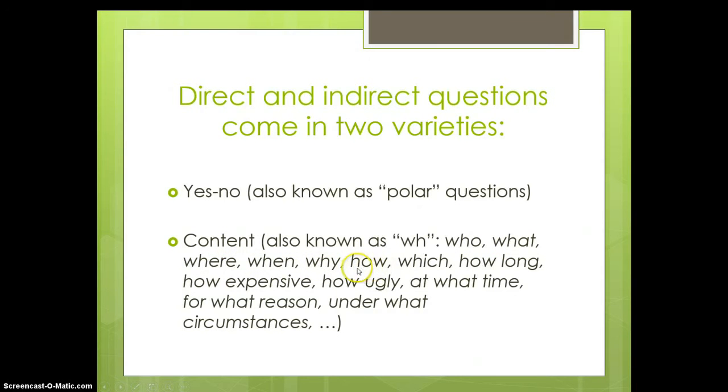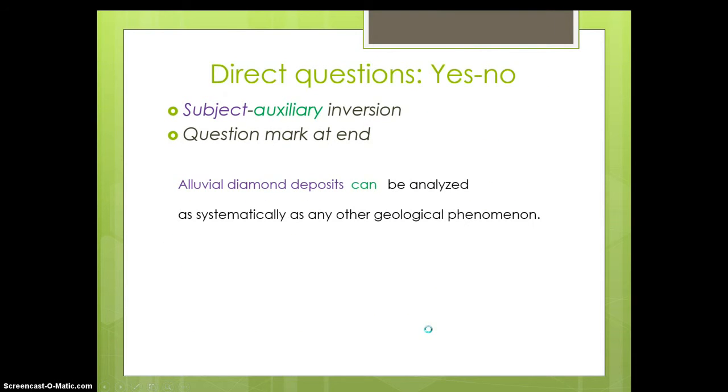Although how doesn't start with WH, it still has a W and an H in there. Even longer phrases can begin them, such as how long, or how expensive, or how ugly, or prepositional phrases such as at what time, or for what reason, or under what circumstances. So with that in mind, let's start forming some of these.